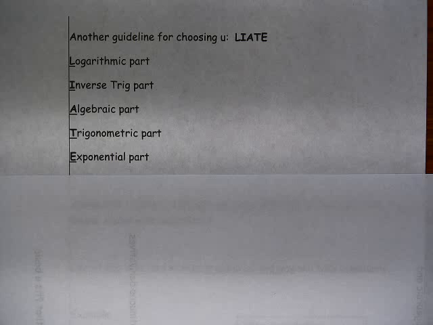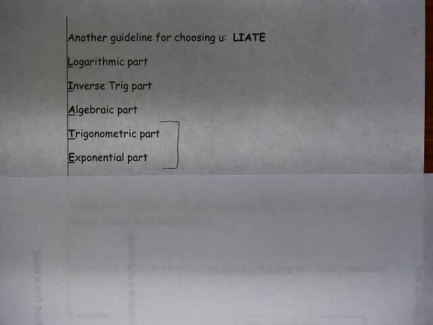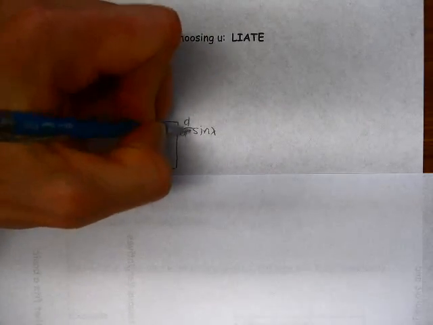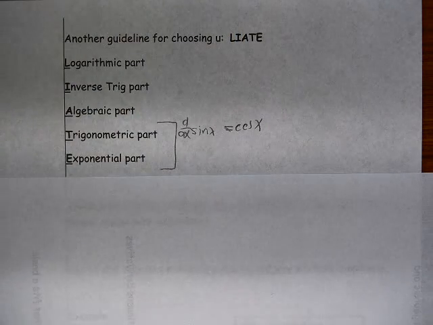If you think back to the idea that we talked about on the last page, that we want the derivative of u to be simpler than u itself, you can imagine why these are the last choices that we would make. If I start with a trigonometric function, say sine of x, and I take the derivative of that, I get cosine of x. That's not particularly simpler than sine of x was when I first started.